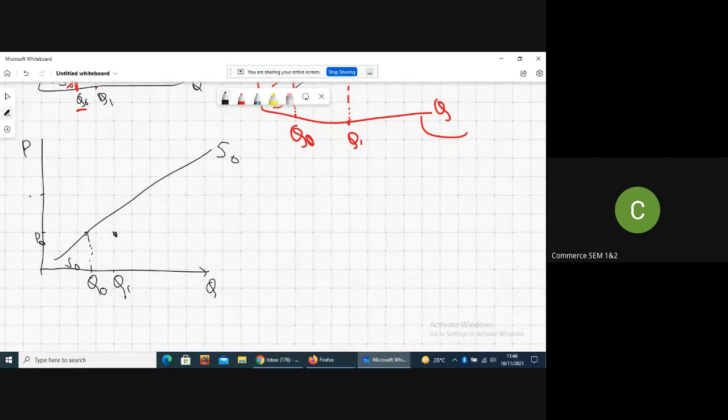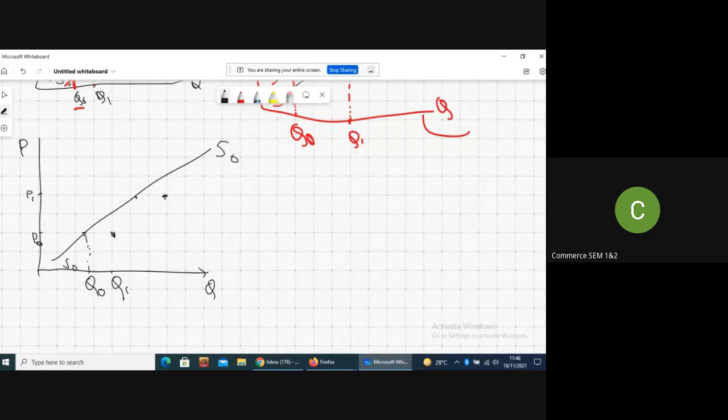Similarly, you can take some other price, P1. I'm not saying that this P0 or this P1 will be the market price of rice. Remember that the market price will come later. If P1 is the price of rice, then without any favorable monsoon this much is the production. Now, along with a favorable monsoon, the producer can produce a higher amount of rice. So this will be a new point on the new supply curve.